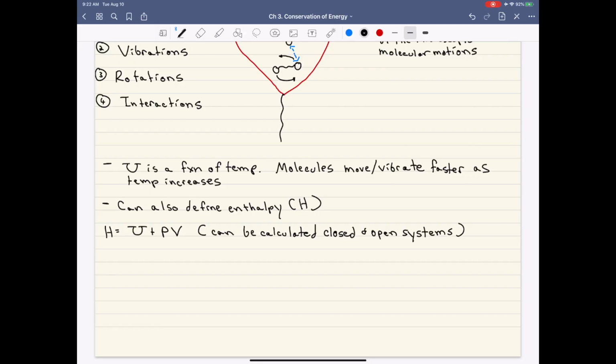Right? And so, once again, it's the sum of internal energy and any sort of work that involves changes in pressure or volume. So PV work. We'll talk more in detail about what exactly enthalpy physically means.